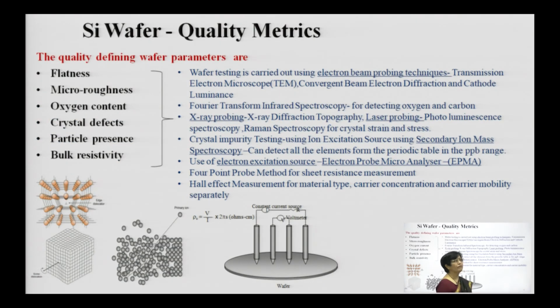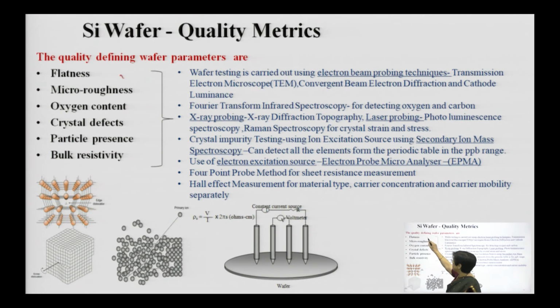Now, your wafer is ready, you want to market it, but whenever you are marketing something, you must know what the best features it has, and what factors decide the quality of the wafer. These are the basic important things which decide the quality of the wafer.